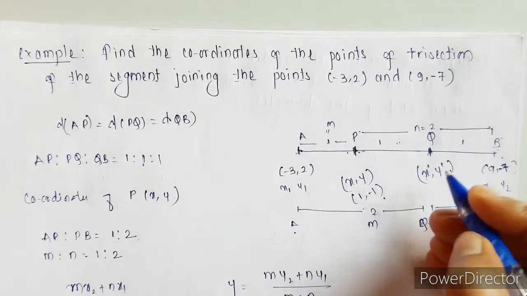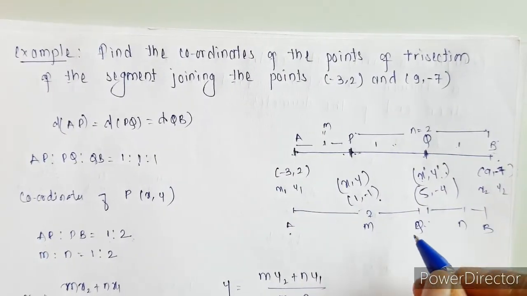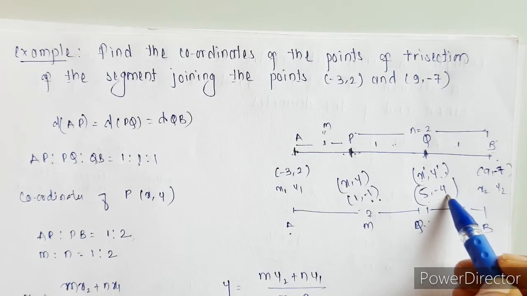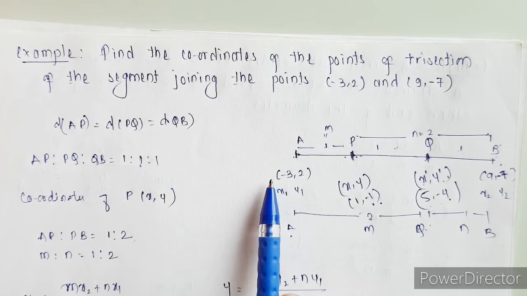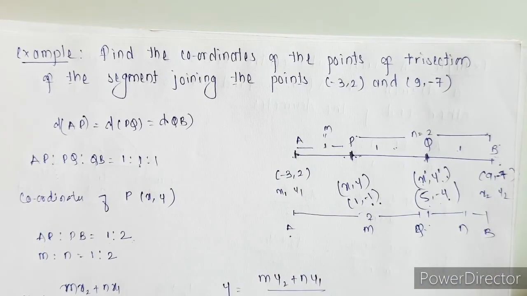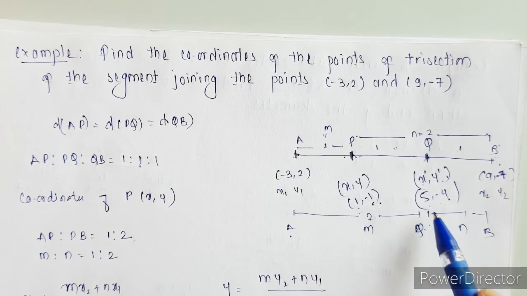So P is 1 comma minus 1 and Q is 5 comma minus 4. So the coordinates 1 comma minus 1 and 5 comma minus 4 are going to divide this line segment AB into equal 3 parts. So the points of trisection are 1 comma minus 1 and 5 comma minus 4.